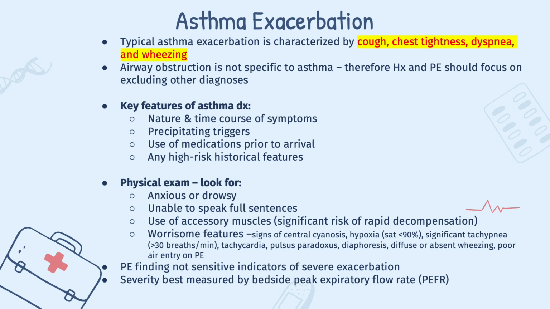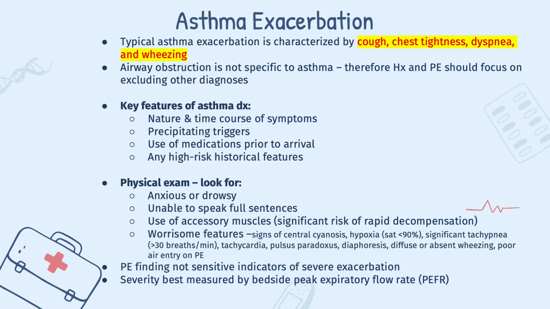Asthma exacerbation is when patients are having an active asthma flare. It's typically characterized by cough, chest tightness, shortness of breath, and wheezing. Airway obstruction is not specific to asthma. Therefore, taking a really good history and physical exam is important in order to exclude some of the other diagnoses.